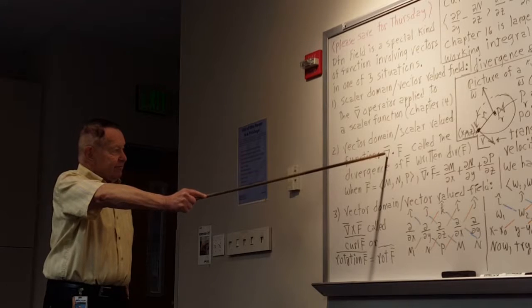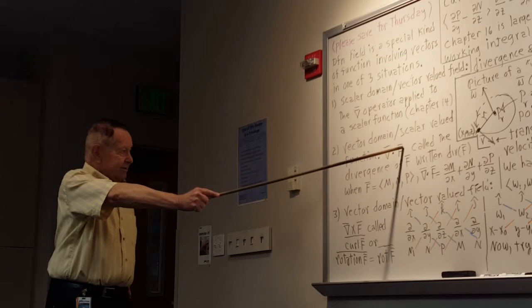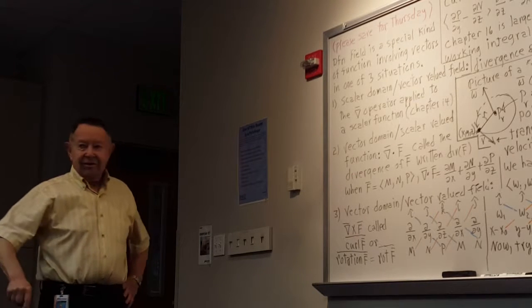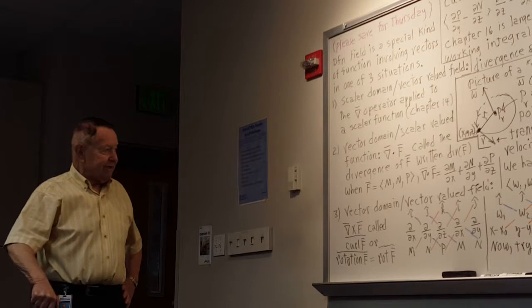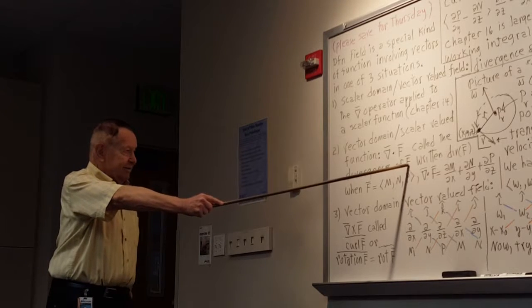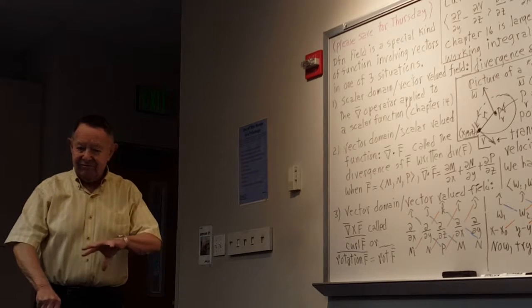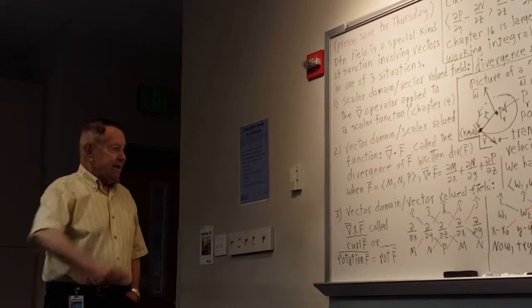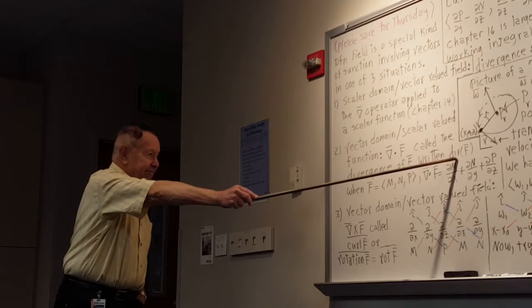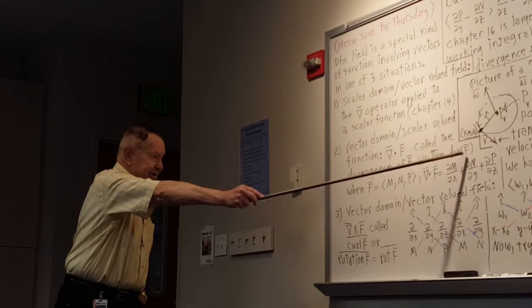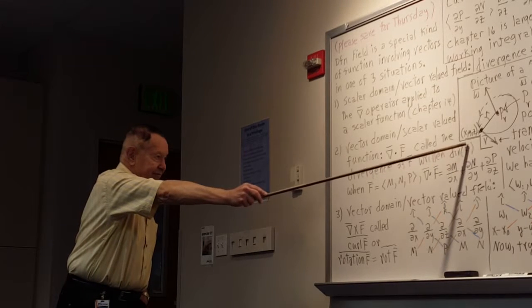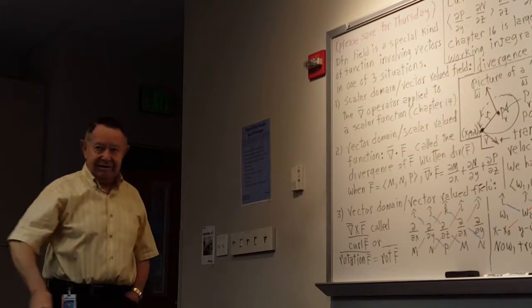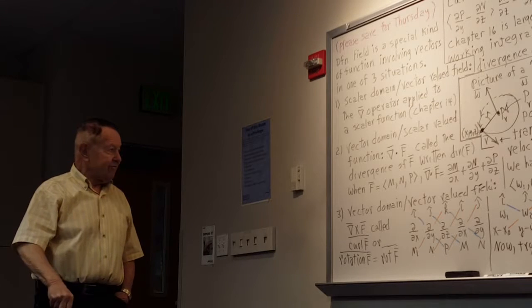If you do the dot product of del with a vector, you get what we call the divergence of that vector or that field. You can use the word field or vector interchangeably here. We write it div for divergence, parentheses F. The F would be boldface type in the book, or has the arrow on it. So that's a vector field.